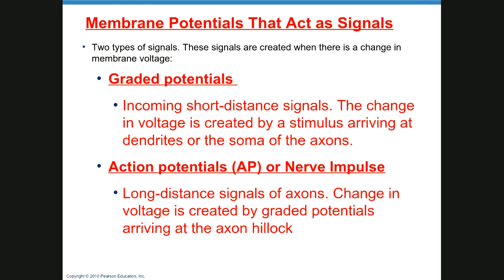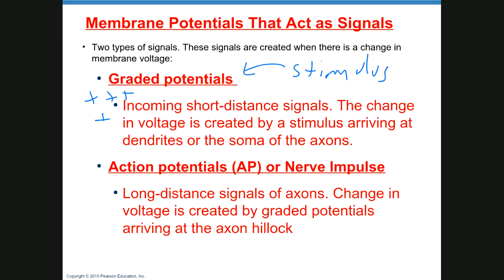There are two types of changes that happen in the neuron. There's the change that is brought about by the stimuli that arrives at the receptive regions of the neuron. So stimulus arriving at dendrites and the body of the neuron is going to open sodium channels. When sodium channels are opened, sodium flows inside the cell, bringing with it positive charges.